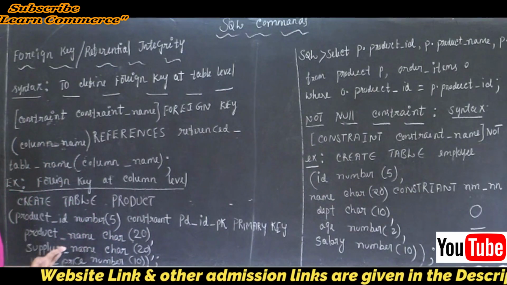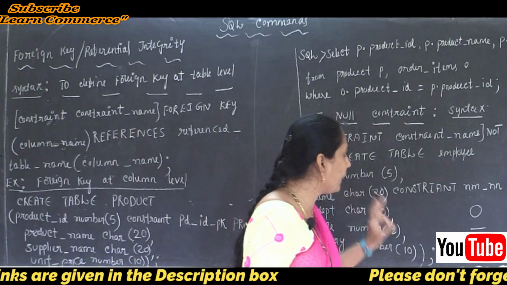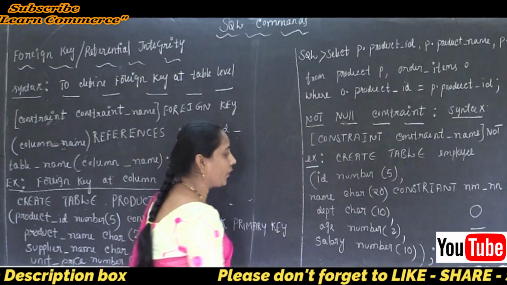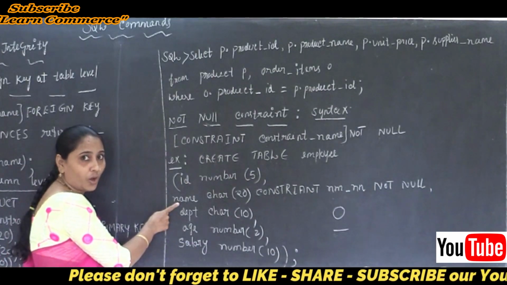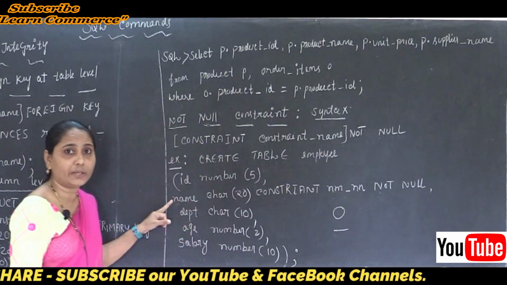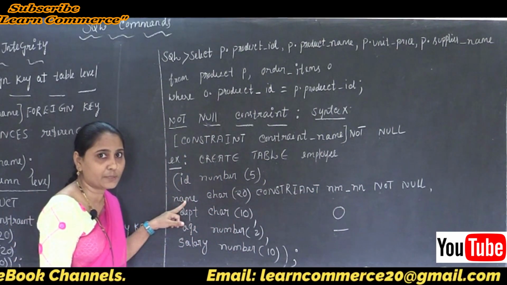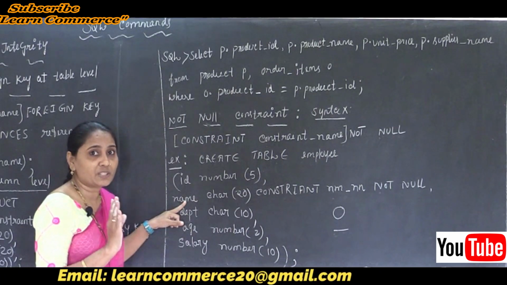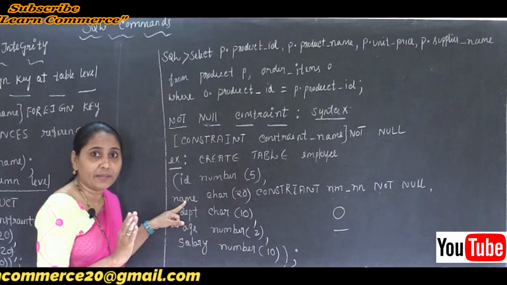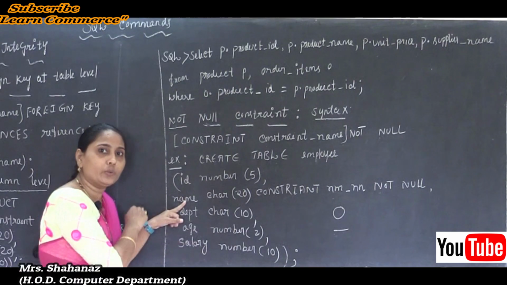In this example I used one constraint in the table employee, in the column name, the constraint is the not null. That means whatever value we are entering in this column, we need to enter some value. Clear this point here? So it is specified as not null, which means the null value is not allowed in this column.